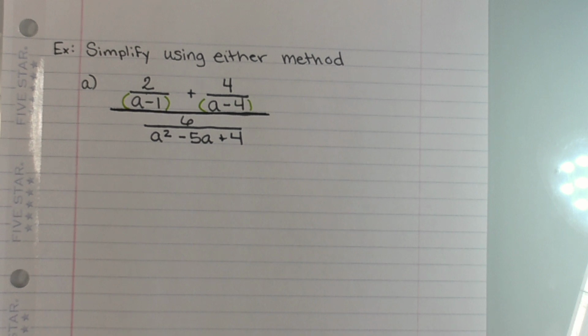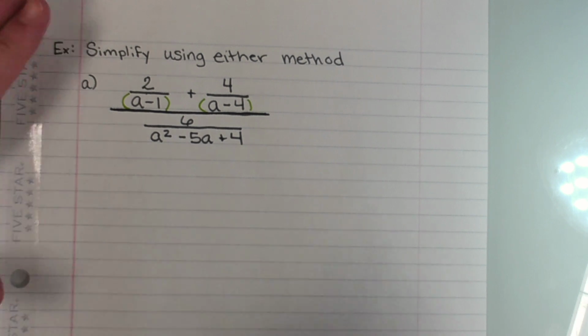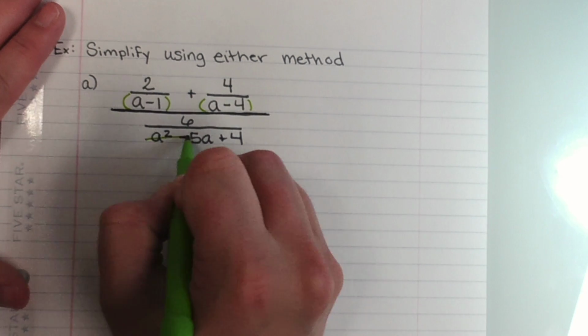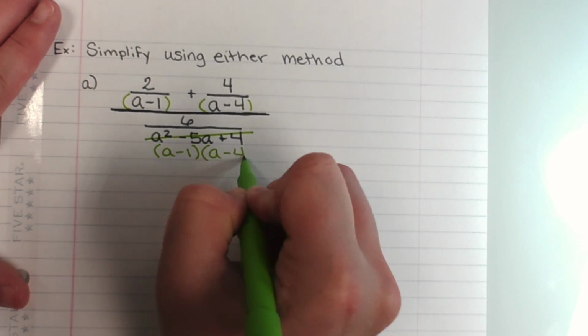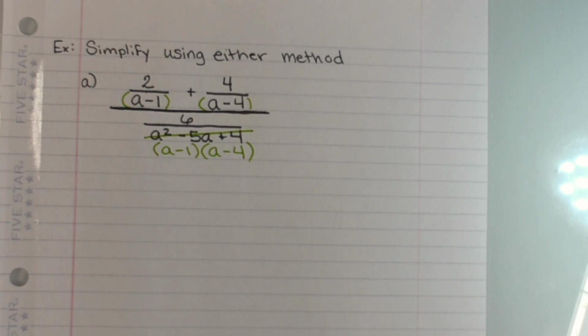But Lacey, your shortcut? Shortcut, 2 things multiply to 4 and add to negative 5. Negative 4, negative 1. So I'm going to be lazy and just say, hey, that's an a minus 1 and an a minus 4. Oh, that's nice of it being the same ones as what's on top. It's almost like I don't want to make it completely evil all the time. Emphasis on all the time.